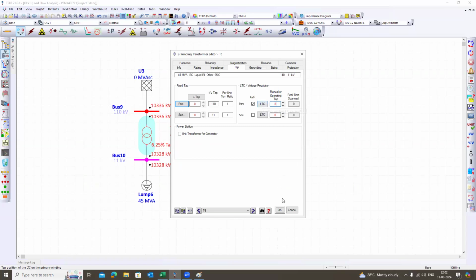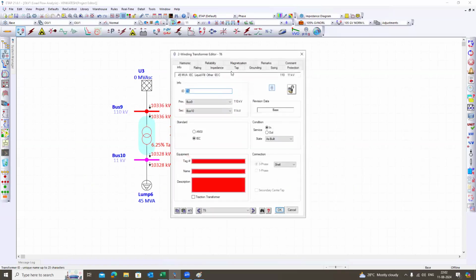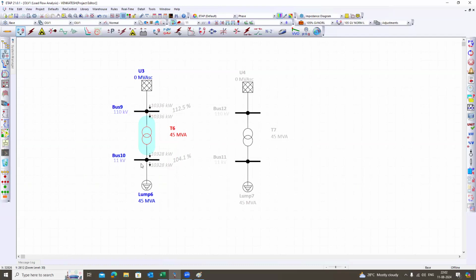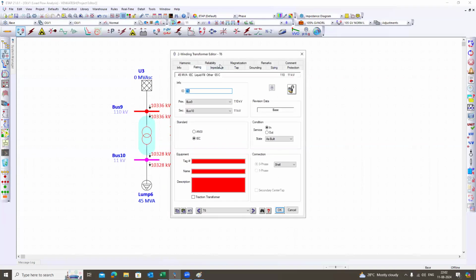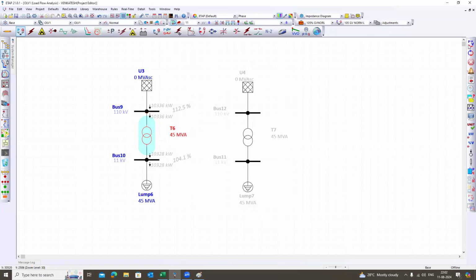Let's see that with 5%. Go to the tap here and make this 0, and here if it is plus 5% tap, run this.